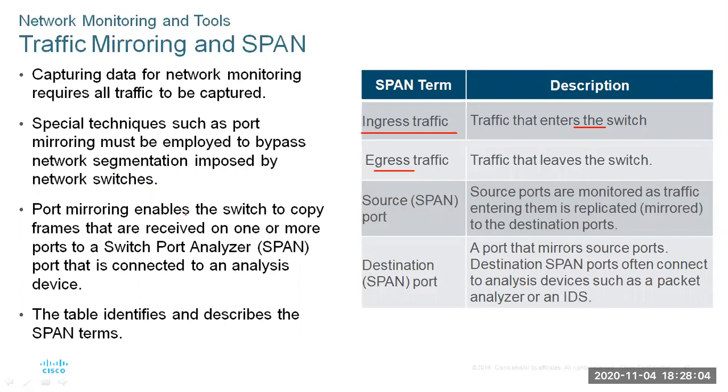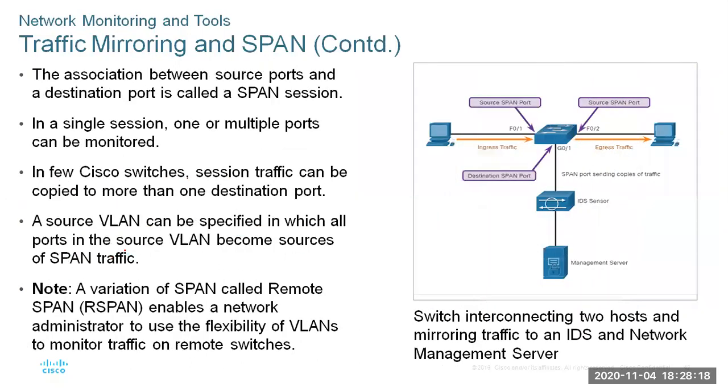So port mirroring enables the switch to copy frames that are received on one or more ports to a switch port analyzer. Okay, so that's another tool. The association between source port and destination port is the SPAN.